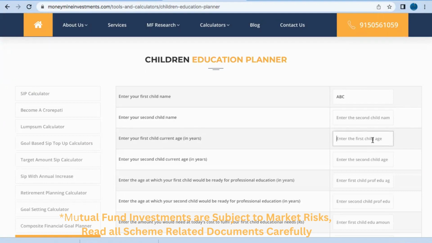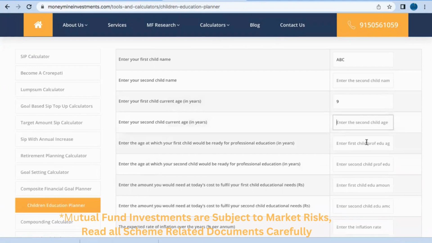Enter your first child's age. First child's current age is 9, and the second child I'm leaving as it is. Enter the age at which your first child would be ready for professional education, in years: 18. It is asking for the amount you would need at today's cost to fulfill your first child's education needs.